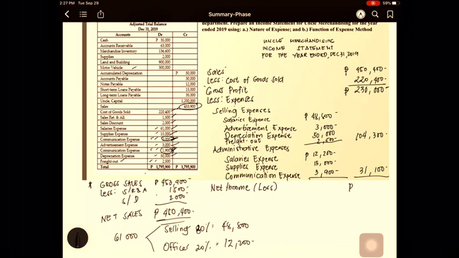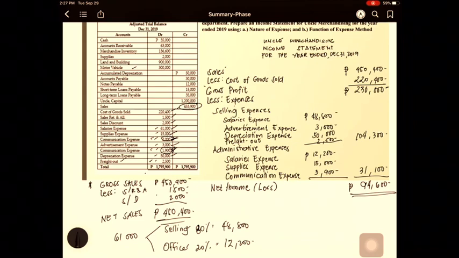A while back, we were able to compute a net income, and how much is that? That is 230,000 minus 104,000 for the selling expenses minus 31,100 for the administrative expenses. So the net income is still the same amount of 94,600.